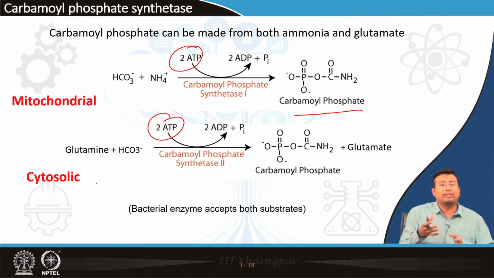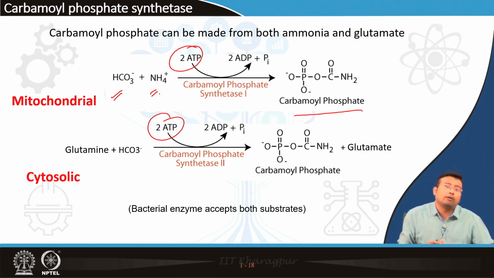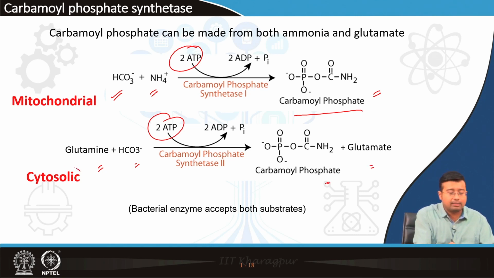Carbamoyl phosphate synthetase is present in two locations. Number one, in mitochondria, where CO2 in the form of bicarbonate and ammonia in the form of NH4 is acted on by CPS1 or carbamoyl phosphate synthetase 1 to form carbamoyl phosphate. Carbamoyl phosphate can also be formed from glutamine and bicarbonate, leading to carbamoyl phosphate and glutamate, and this happens in cytosol.